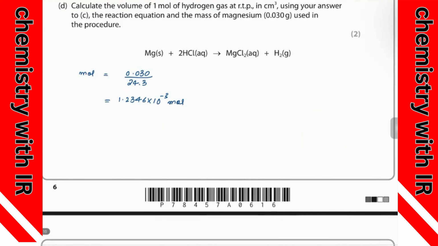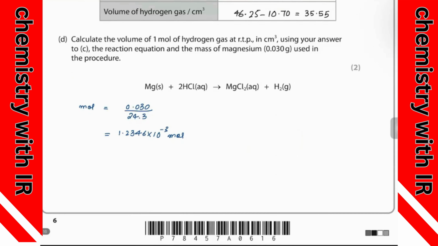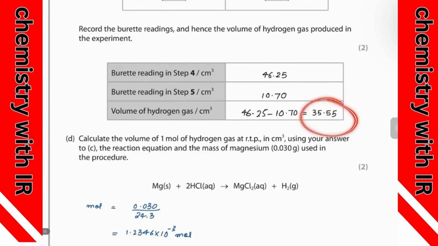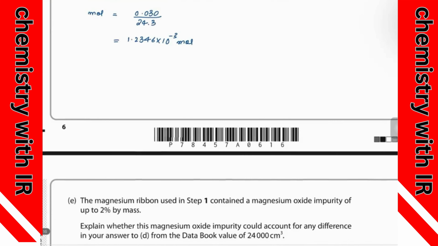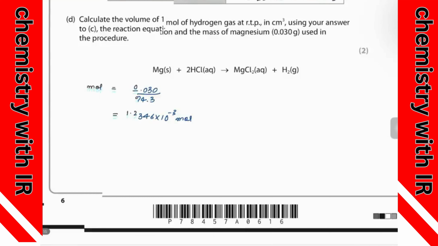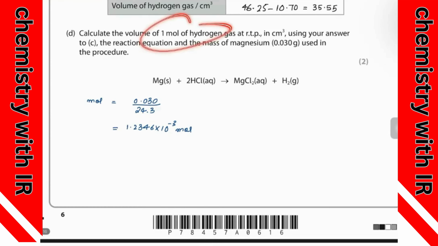And then what am I supposed to do in this one? They are saying to calculate the volume of 1 mole of hydrogen gas at room temperature and pressure, using your answer to C. This is your C, in which I got the total volume that was 35.55. So I have to find out the volume of hydrogen gas for 1 mole of hydrogen gas.